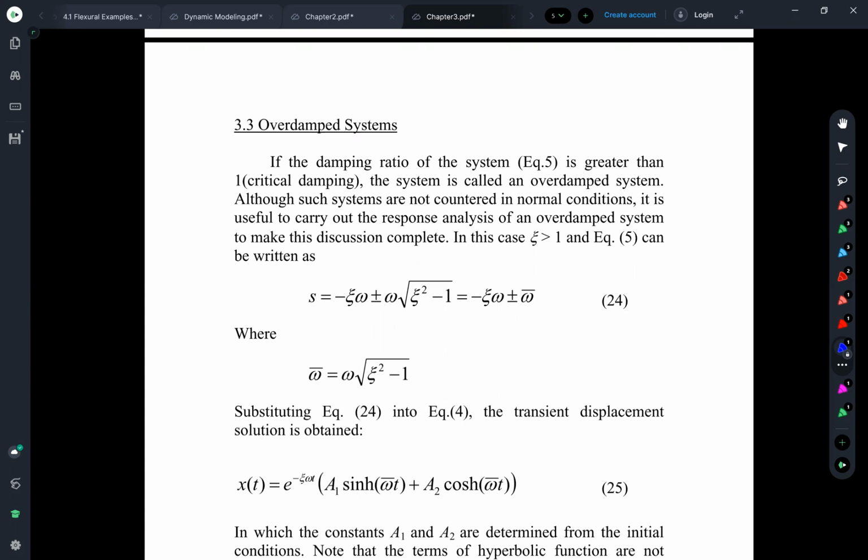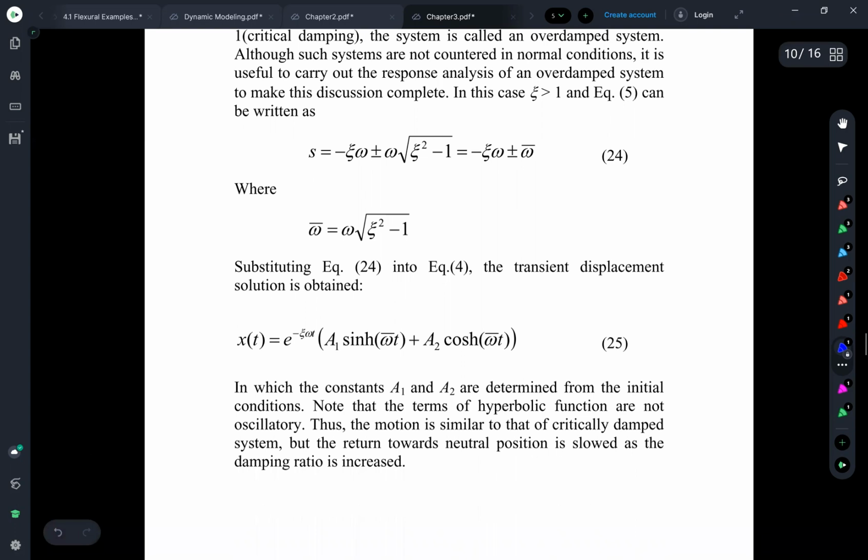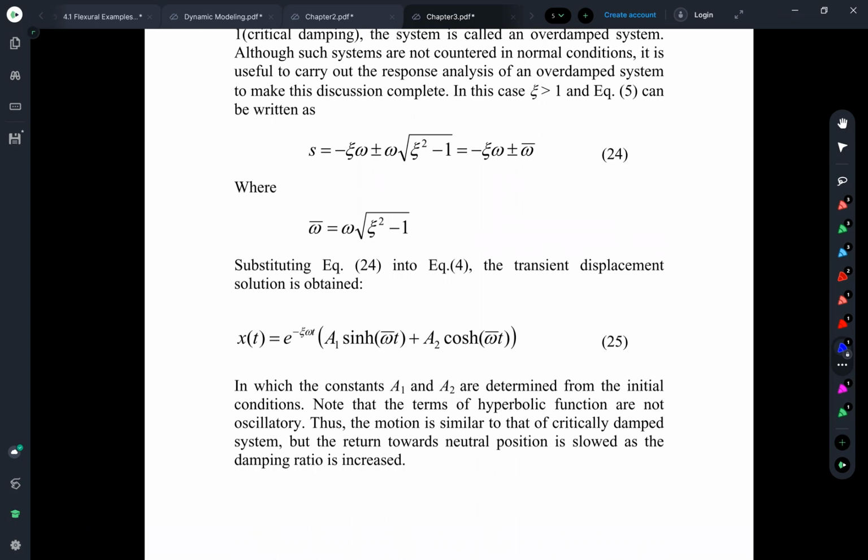And that will lead to equation number 25 when you consider the two initial conditions, A1 and A2. But now, look at the form of equation 25. It looks like the sine cosine again, but it's the hyperbolic functions, sine hyperbolic and cosine hyperbolic. The exponential term looks exactly the same as the previous case.